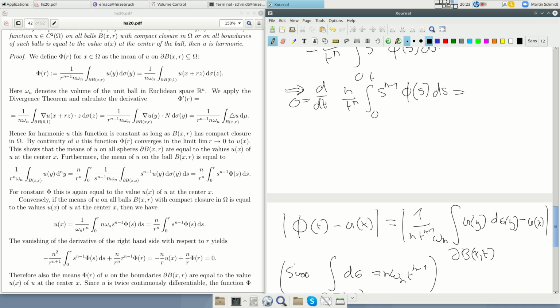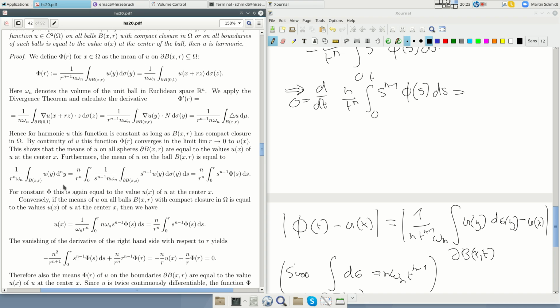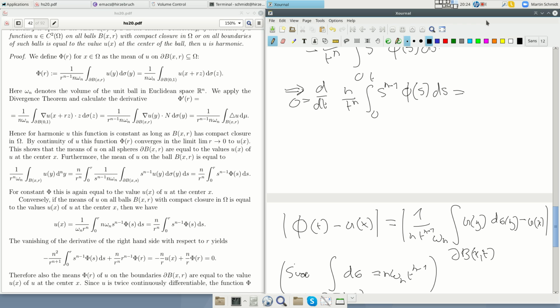Then we first have here minus n squared over R to the n plus 1, if we take here the derivative, integral from 0 to R of s to the n minus 1 phi of s ds.